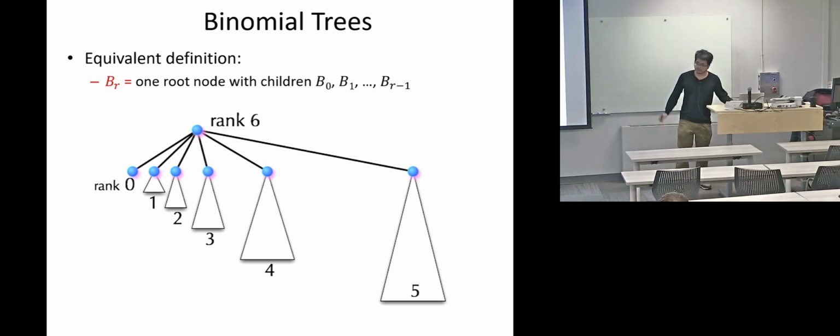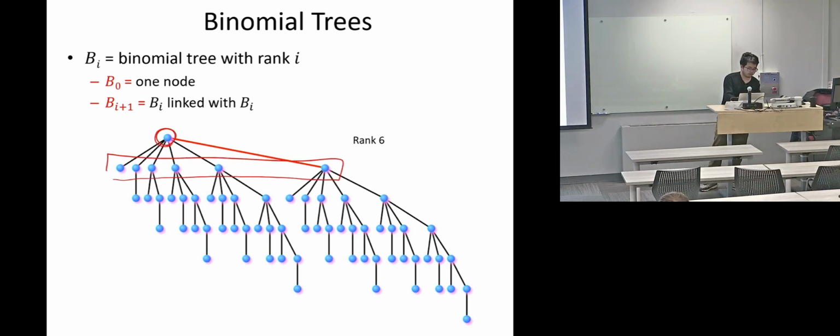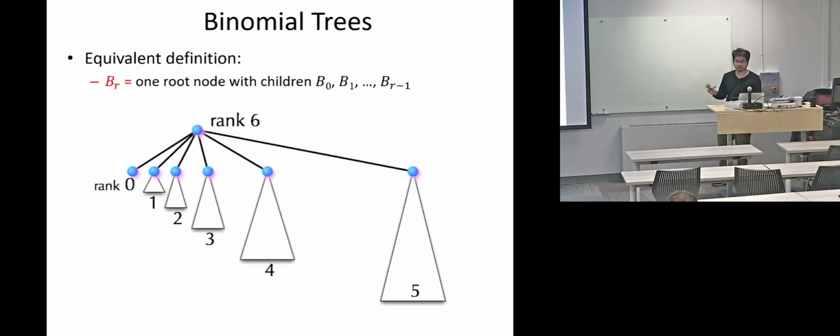You can convince yourself from this picture too. This is rank 6: one root node, and then 6 children, of rank 0, 1, 2, 3, 4, 5. Okay, any question about this?